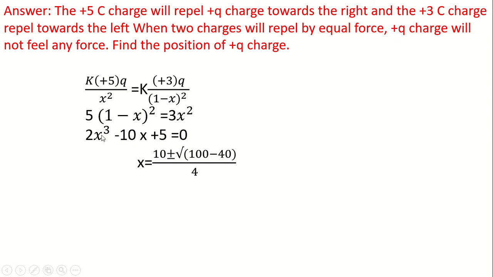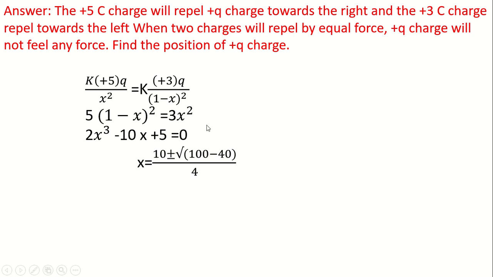Now we can get the value of x by using the quadratic formula. x equal to 10 plus minus root over 100 minus 40 divided by 4. The formula you can see in your higher mathematics or general mathematics book.